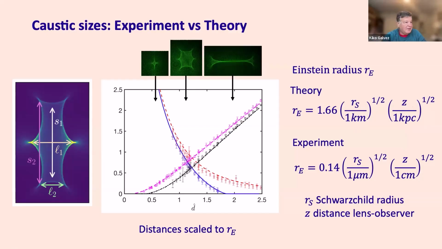A parsec is about 3 light years. But in the experiment, our scaled Einstein radius has a Schwarzschild radius of the order of micrometers and Z of the order of 1 centimeter, because that's the scale of our experiment. And so here in this graph, you see this comparison, and the agreement is just amazing, I thought.